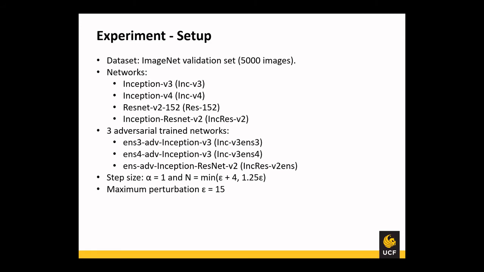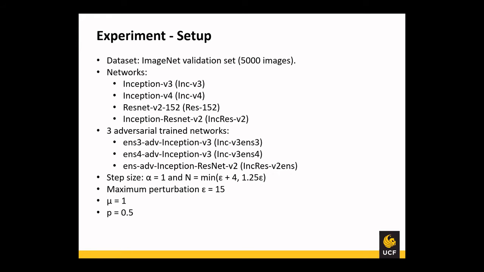They set max perturbation to 15, and the reason behind setting it to 15 is that they want to generate humanly imperceptible examples. Setting it to 15 does that job for us. But if we set it to a higher value, then the images might not be humanly imperceptible. So they chose the value 15 because they want to generate images that are humanly imperceptible.